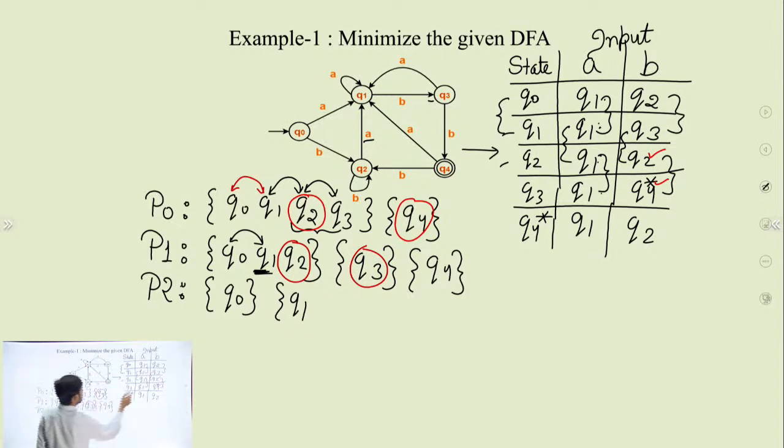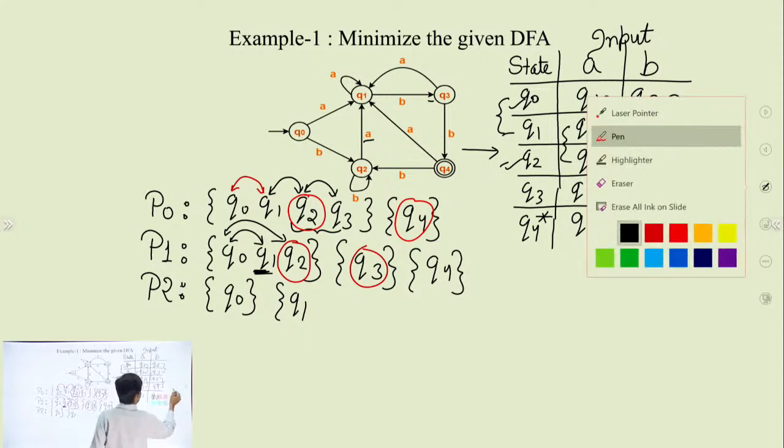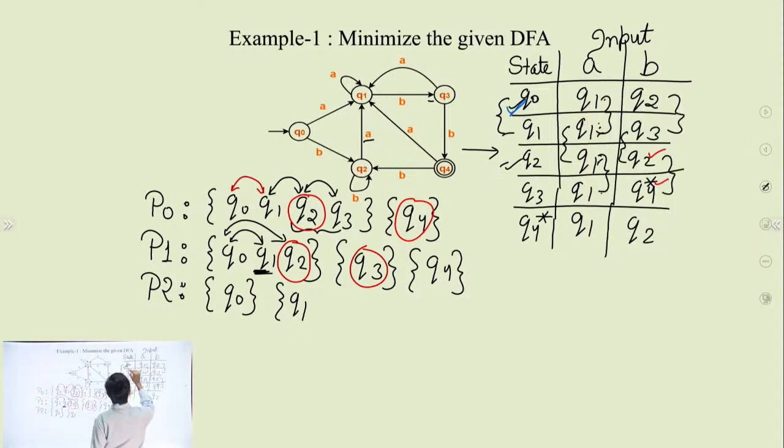Now see Q1 and Q2. Q1 is in the same set, and Q2 and Q3 are in the different set, so Q2 is separate. Now compare Q node and Q2, and take a different color. Q1 and Q1 are the same state, and Q2 and Q2 are the same state, so they belong to the same set.